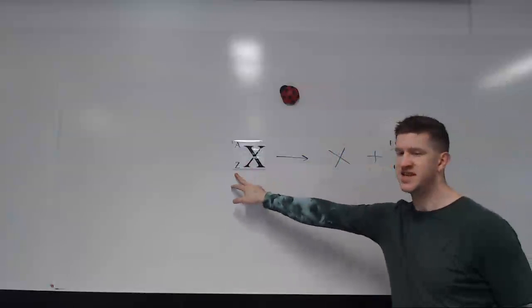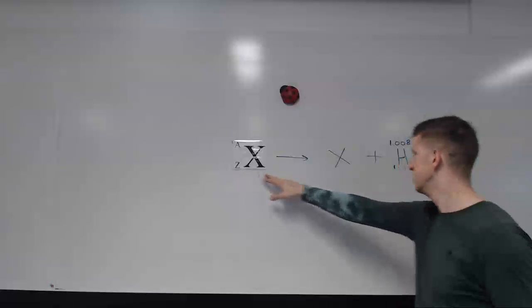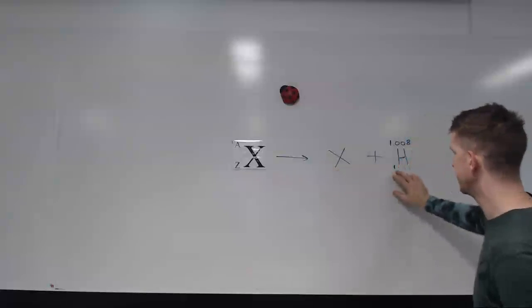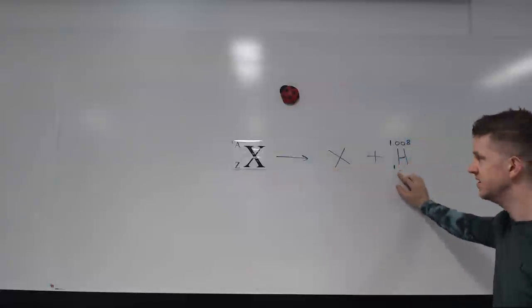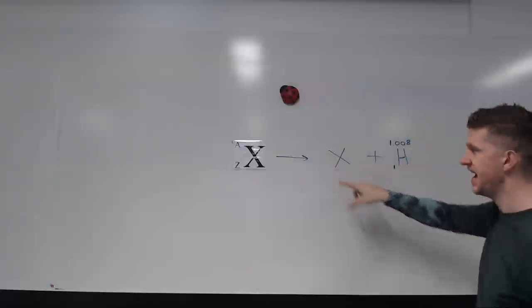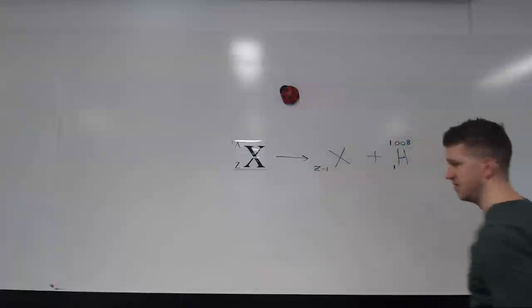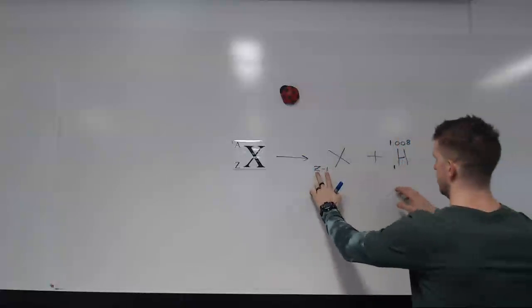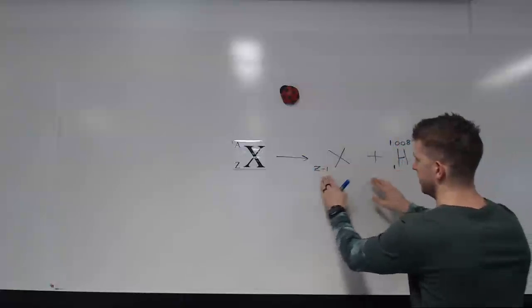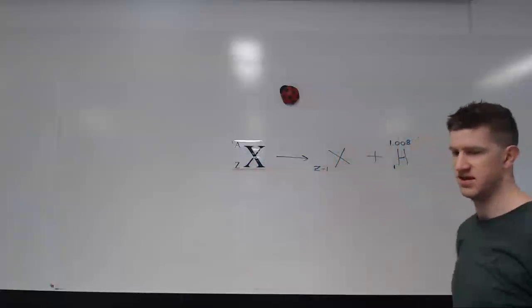So if I started with Z, number of protons, and I've now got something plus 1 proton here, this thing must have what I started with minus 1 to be balanced. So here I've got Z minus 1 plus 1 gives me Z protons. So that's all sweet.